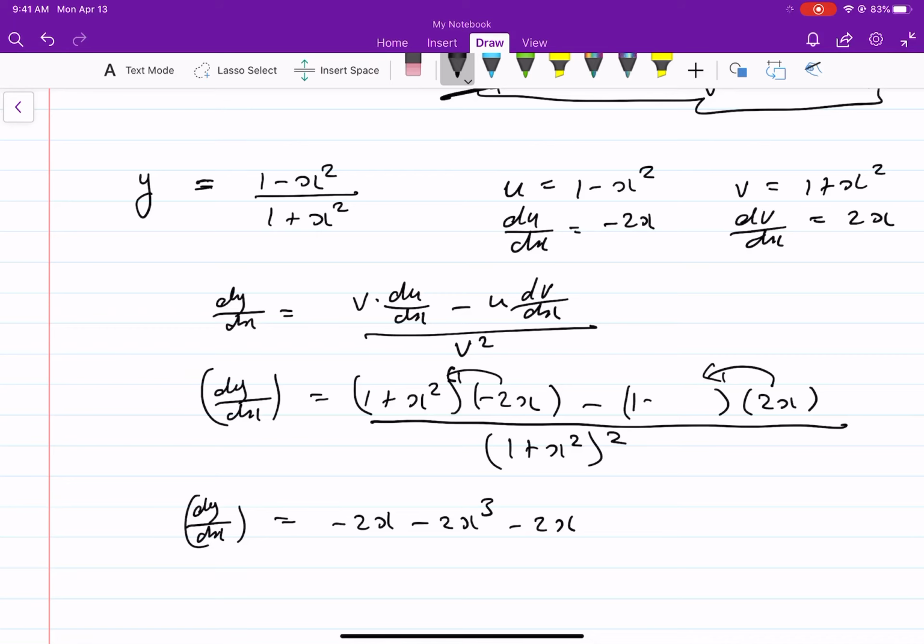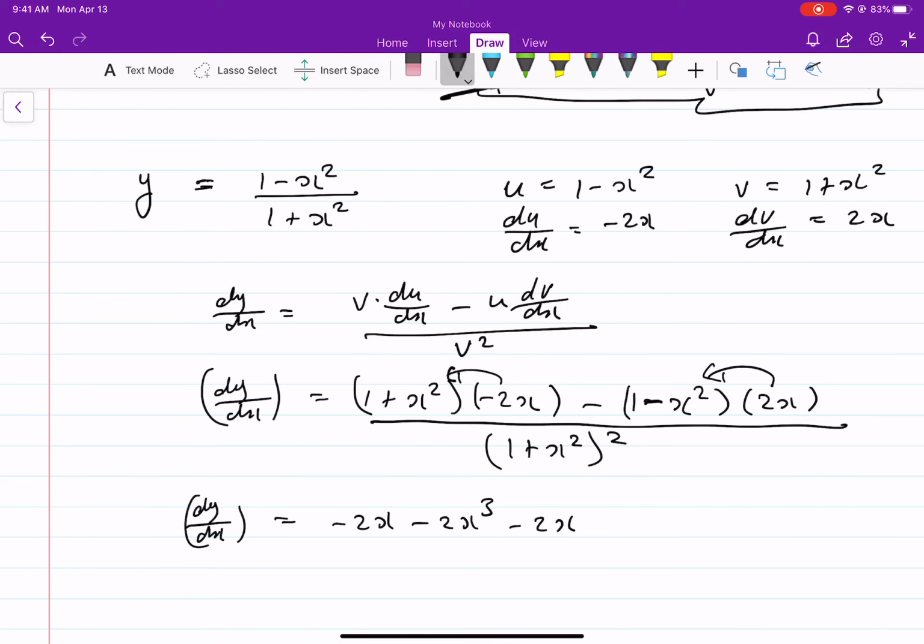Maybe I want some sleep. 1 minus x squared, not 1 minus 2x. 1 minus x squared times 2x. Let me double check that again. v is 1 plus x squared. du/dx is minus 2x. And then minus u, 1 minus x squared, times dv/dx, 2x, all upon v squared.